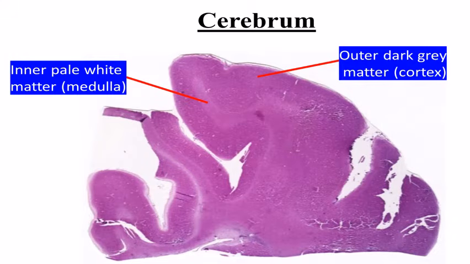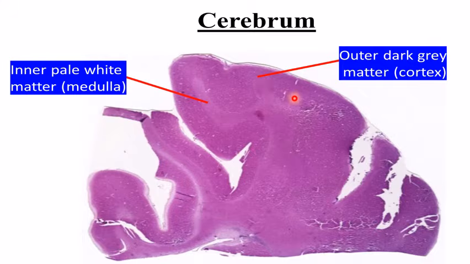Here, dear students, the cerebrum or the cerebral cortex. You can see here the slide in the data show and under the microscope. The cerebrum is formed of sulci and gyri.